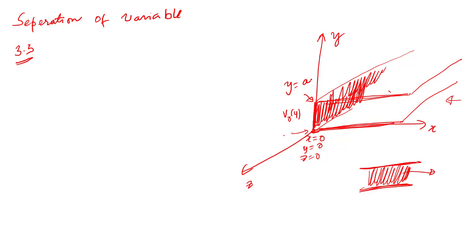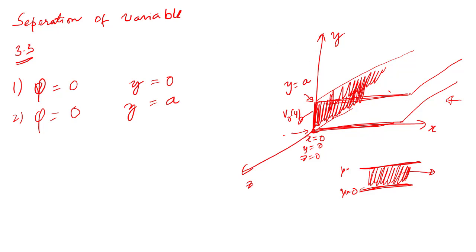So we have the boundary conditions that the potential phi is equal to 0 at y equal to 0, and the potential phi is also equal to 0 at y equal to a. This is because the strip that is attached is insulated. y equal to 0 is the bottom plate, and y equal to a is the top plate. But in between, we have a potential of V0 of y.